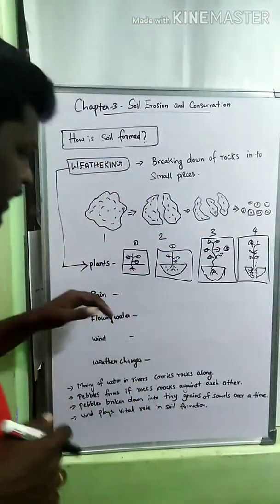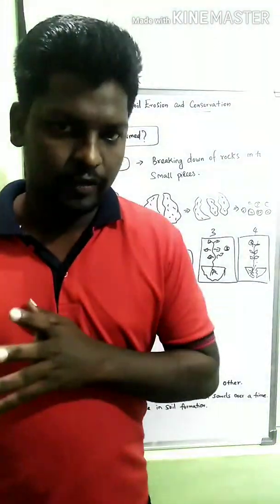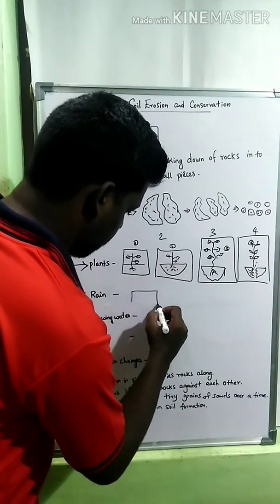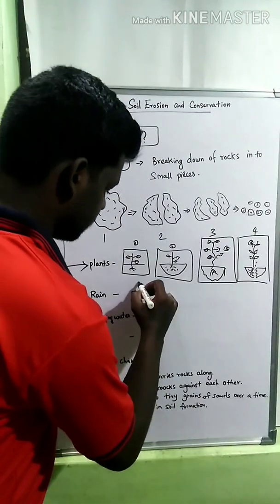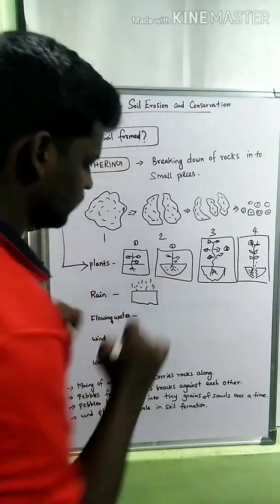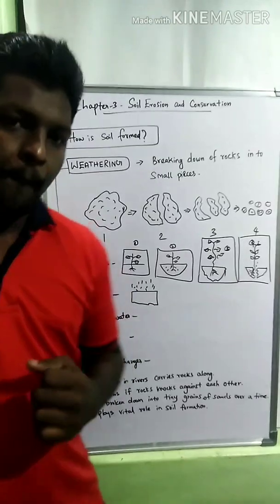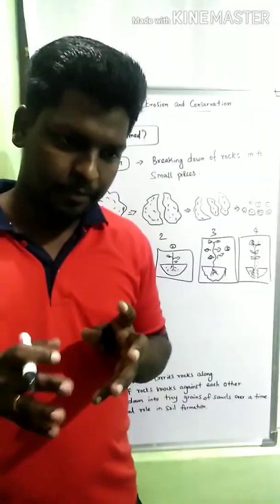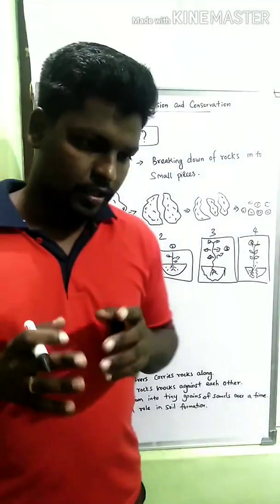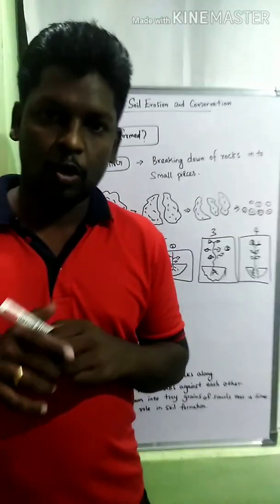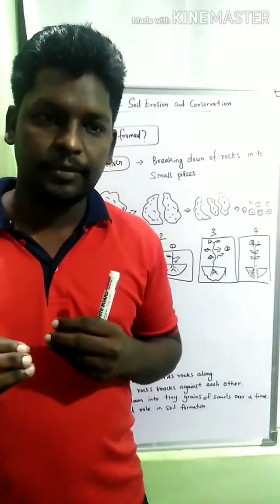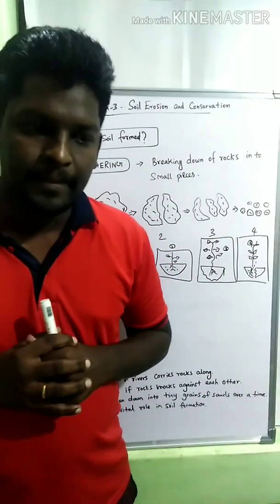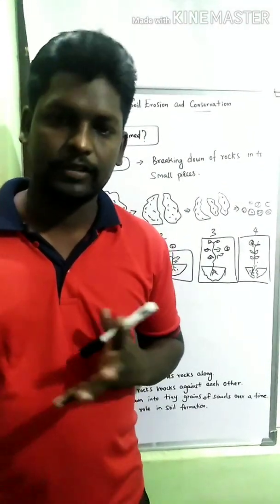Okay, next, rain. How does rain help the weathering process? As I told you, a rock is there, a huge rock. This is how the raining process is done. The pouring of rain water onto that rock makes some holes. For example, you know that the roads in our streets get damaged by the rainfall, so we can find water stagnating around our streets, right?